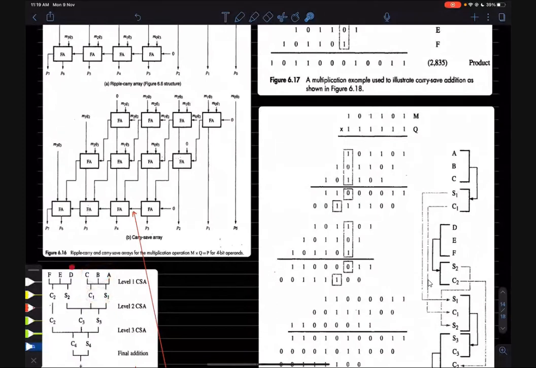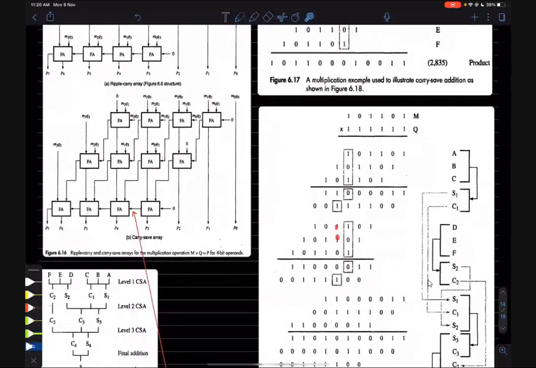Now we have to add D, E and F in the same way. 1, sum is 1, no carry. 1 plus 0, sum is 1, no carry. Then 1 plus 0 plus 1, sum is 10, so 0 we write here and the carry here.